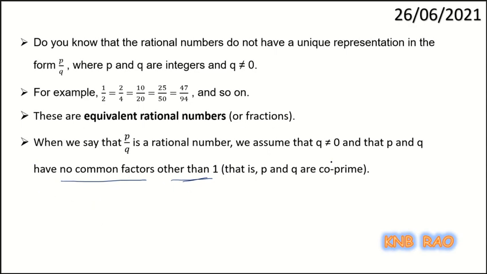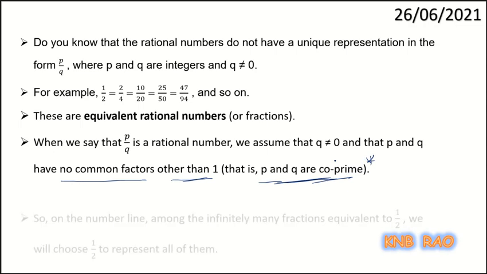That HCF of p and q being 1 is also called p and q being co-prime. If p and q have HCF 1, then p and q are called co-primes. This is another new name. If the HCF of any two numbers is 1, then the two numbers are called co-primes. You can note down that point.